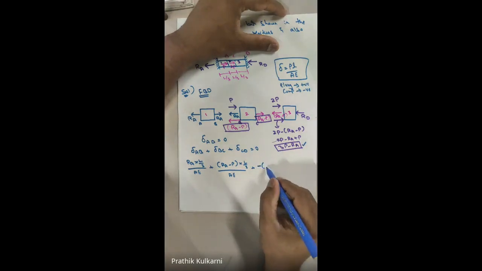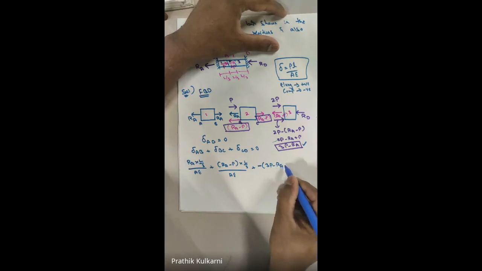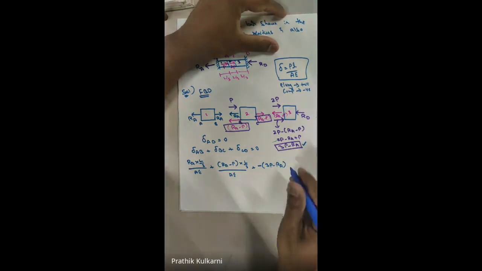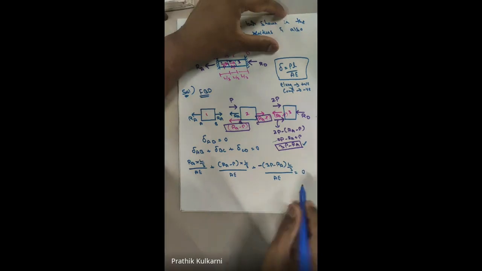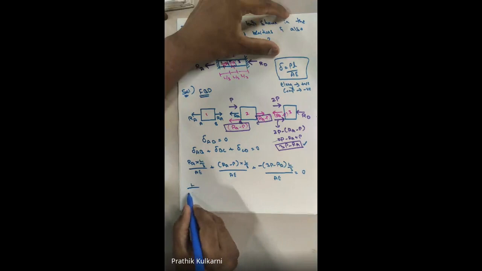Minus of what is the total we have? Force 3P minus RA. Yes or no? 3P minus RA into L by 3 by AE should be equal to 0. So what is the common I can take? I can take L by 3 AE common.